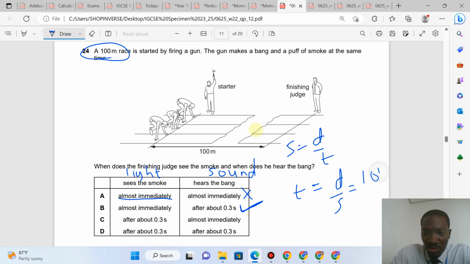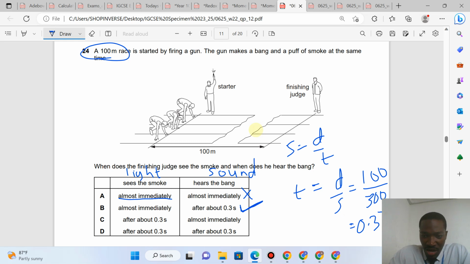If you divide 100 by the speed of sound, which is about 300 meters per second, you'll be getting something like 0.33.